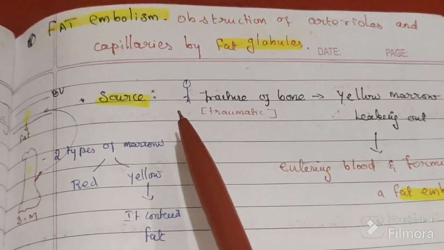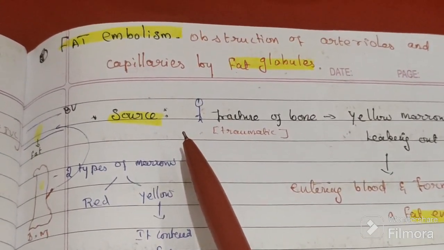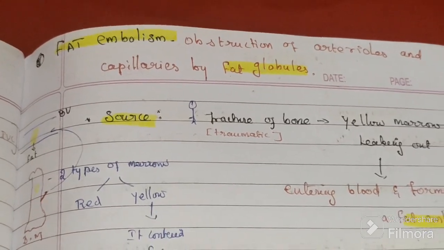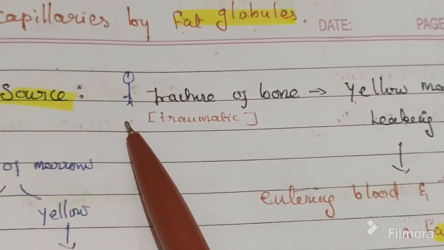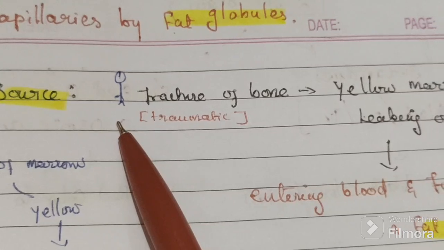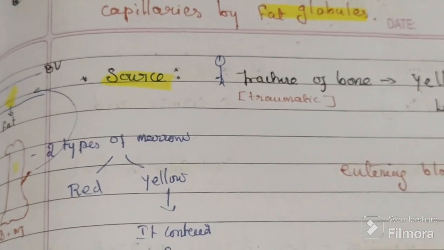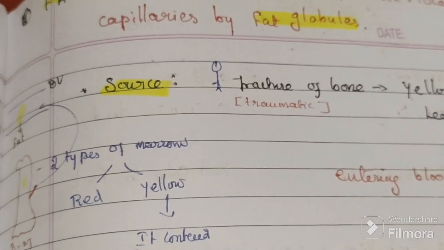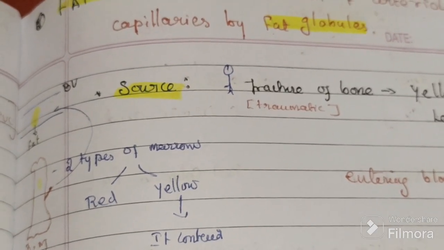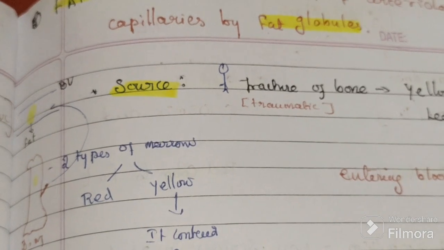Imagine a person having a fracture. The bone is cracked. At the fracture of that bone, the yellow marrow is leaking out.